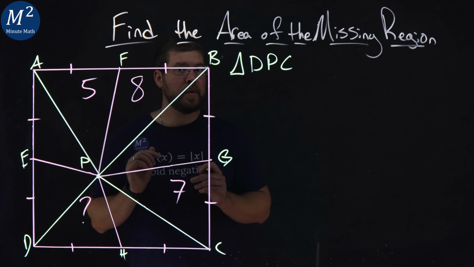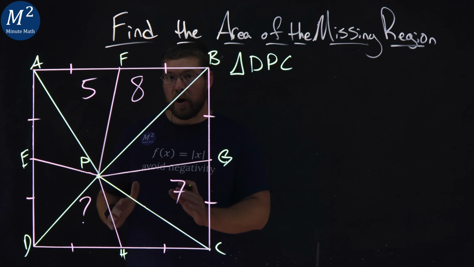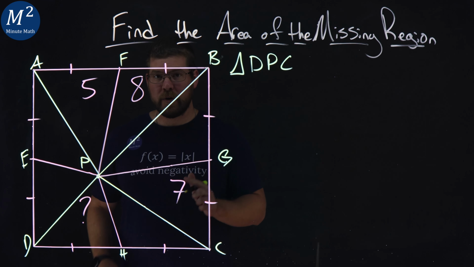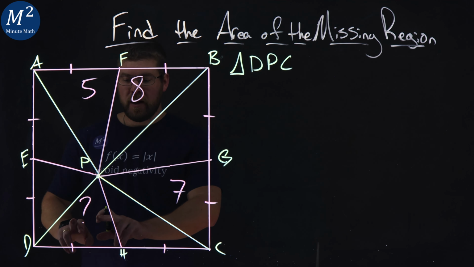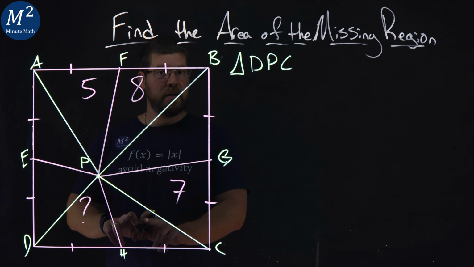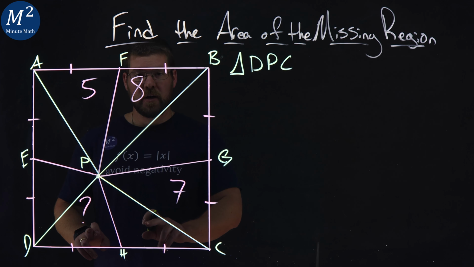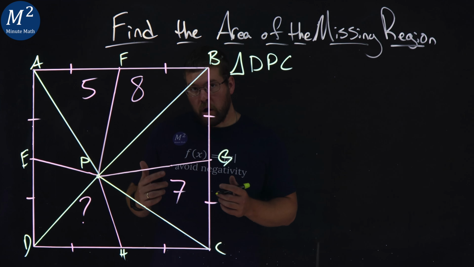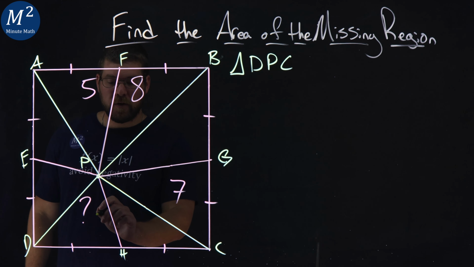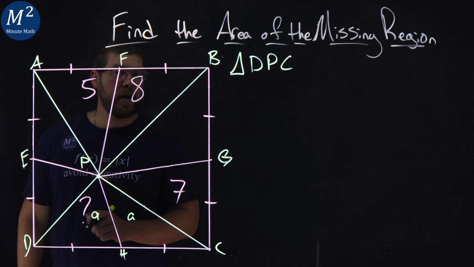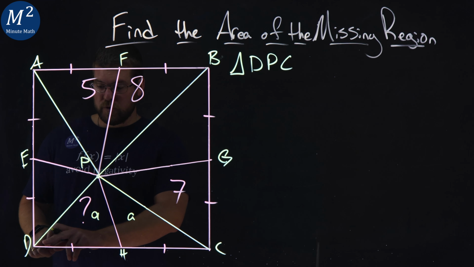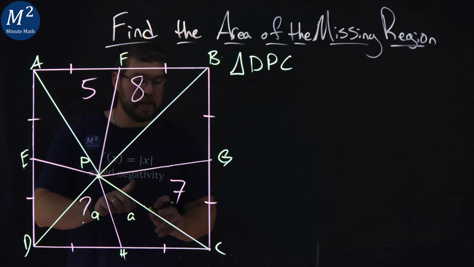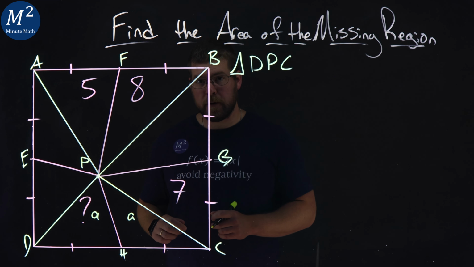And what does the median mean? Well, it cuts the area of that triangle directly in half, meaning this area here and this area right here are equivalent. We don't know what those areas are, but we can give them a label. Let's call these areas little a. So the area of triangle DPH is equal to a, which is equal to HPC, okay?